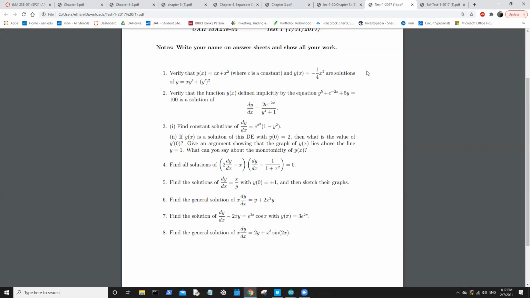If I want to get this to look like that, first thing I would do is isolate x and y. So we have y to the 5th plus 5y on one side is equal to negative e to the negative 2x plus 100 on the right-hand side.